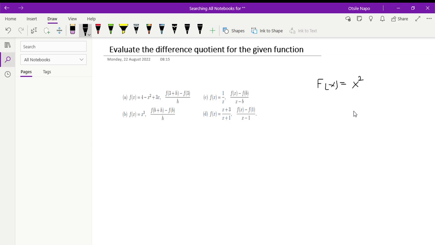So applying the first principle, you will first find f of x plus h.